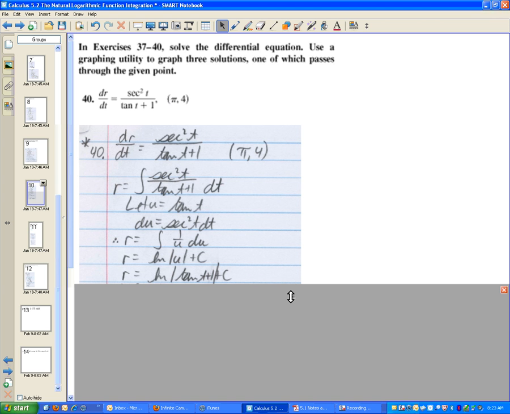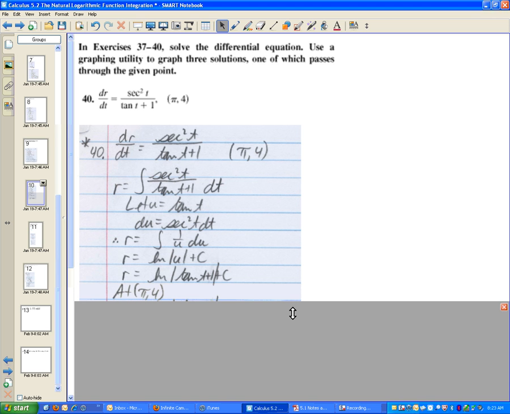Now we get our particular solution by using the point pi, 4. So at the point pi, 4, what happens? Now, normally that's x, y, right? Which one's the x and which one's the y? The r is which one?